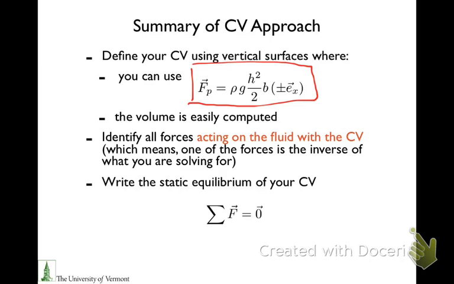Also choose a control volume for which the volume is easily computed. Identify all the forces acting on the fluid within the control volume, which means one of the forces is the inverse of what you are solving for, and write the static equilibrium of your control volume. And it is that simple.